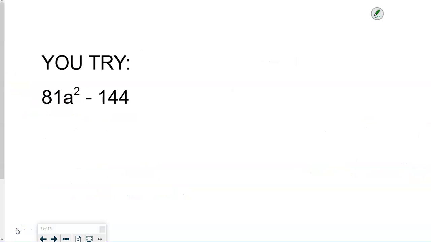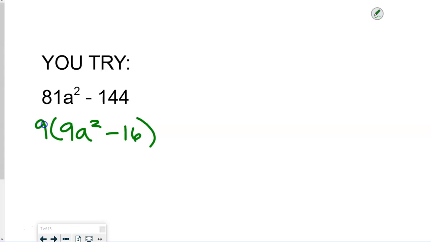So on this Your Try, again, we're going to look at it and see if there's a GCF. 3 might go into both. And you can just start dividing these numbers by numbers. I figured out that 9 is the GCF, because if I divide 9 into 81, I get 9a squared, and here I get 16.